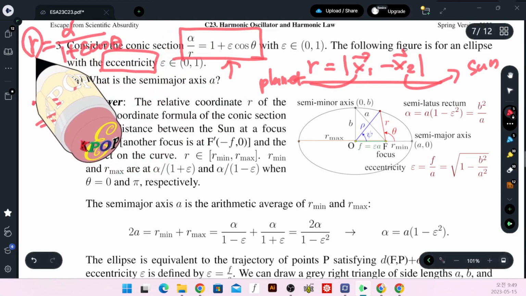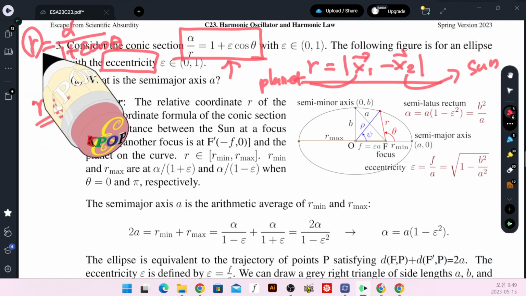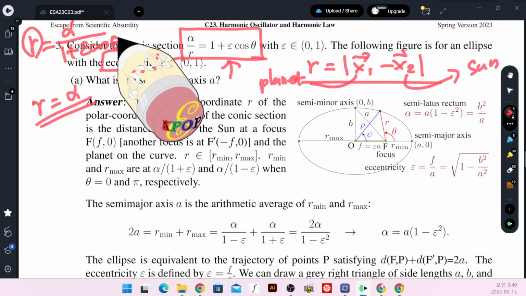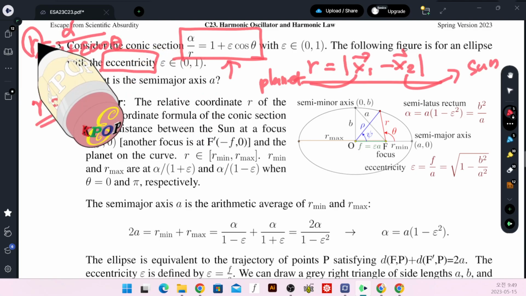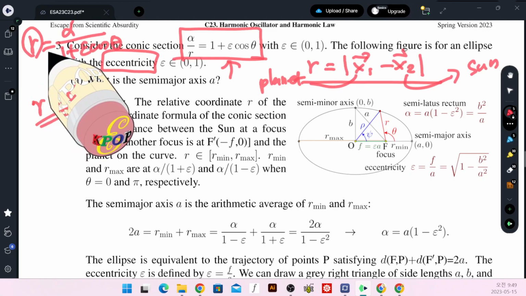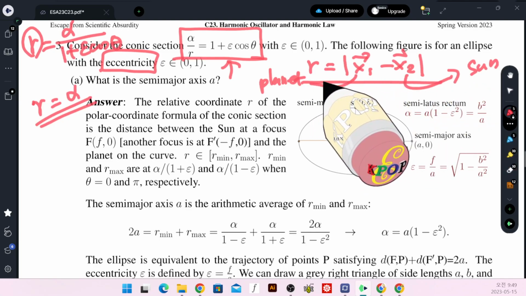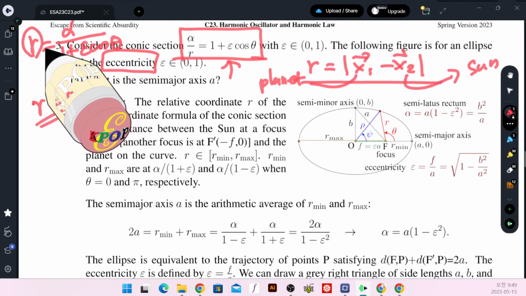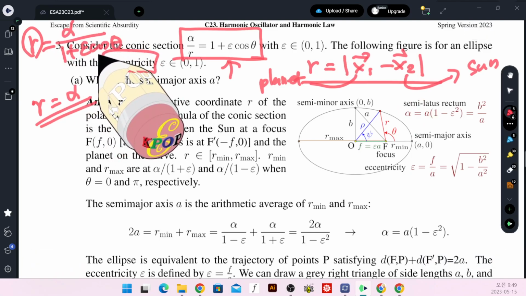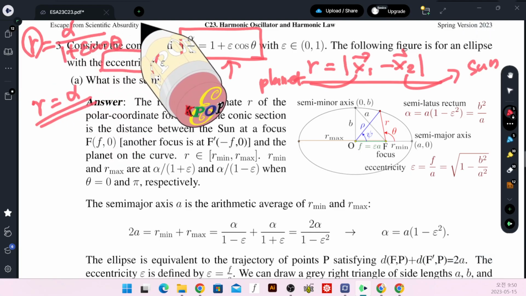So we have various values of the radius. The radius is the magnitude of the relative coordinate, the distance between the sun and planet, and the maximum value is alpha over 1 minus epsilon. The minimum value is alpha over 1 plus epsilon, something like that.